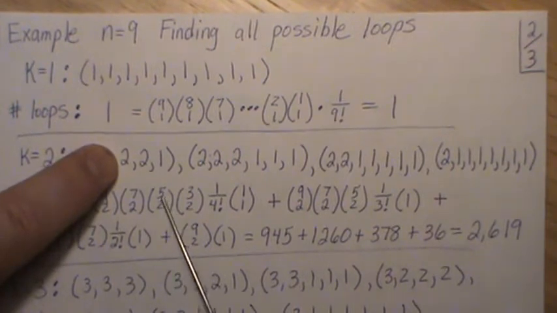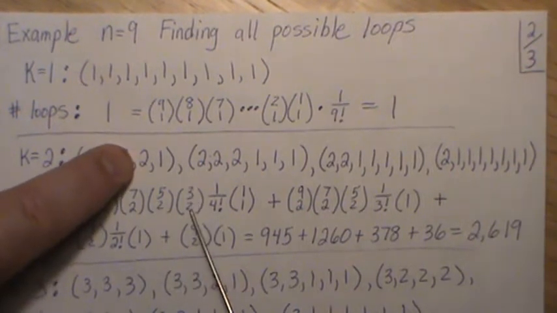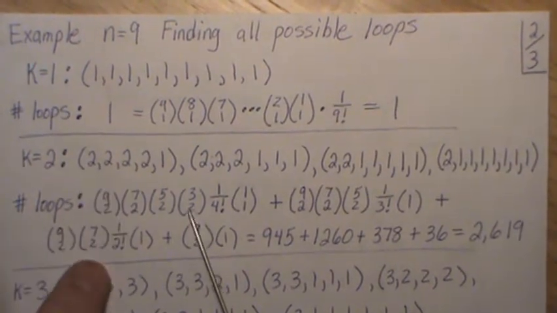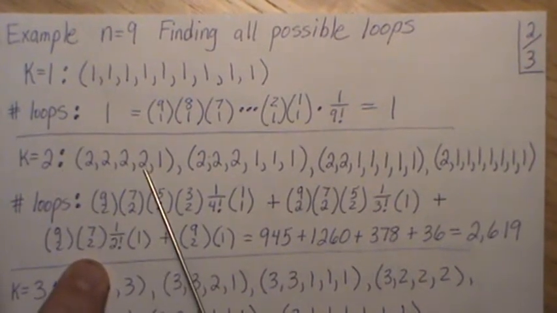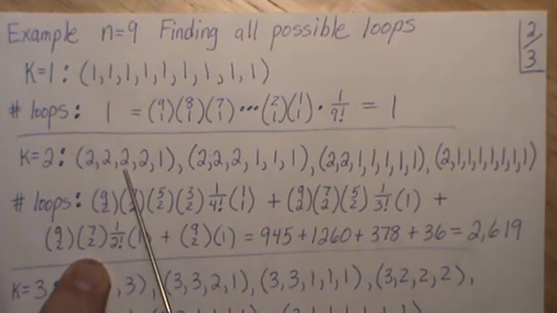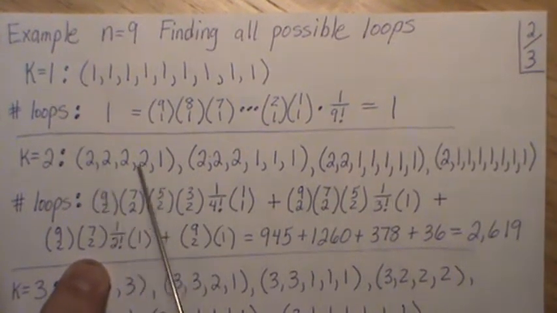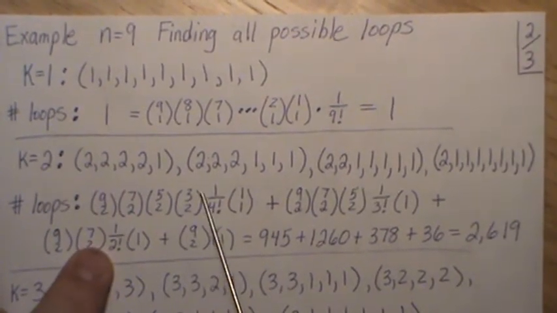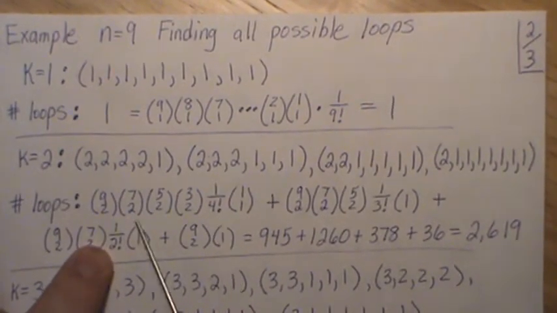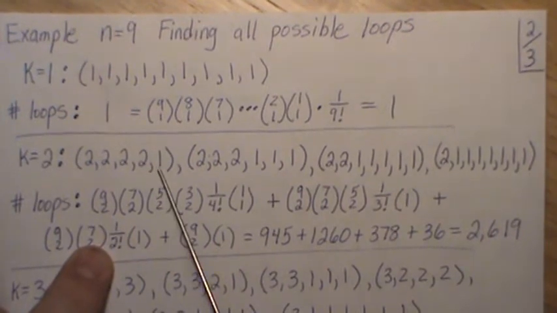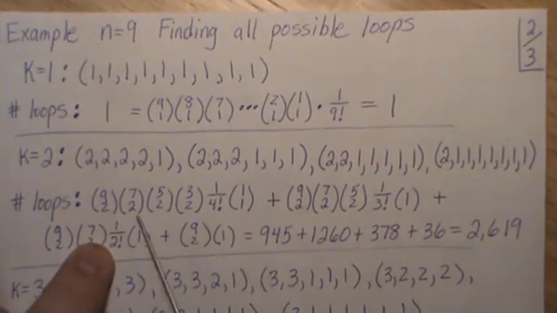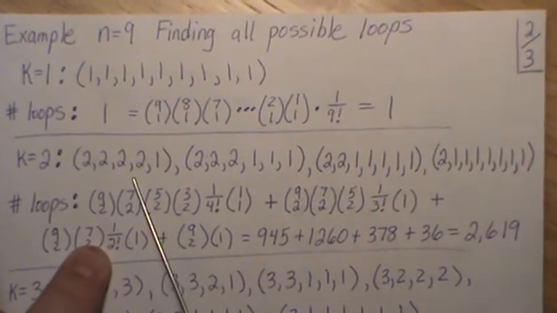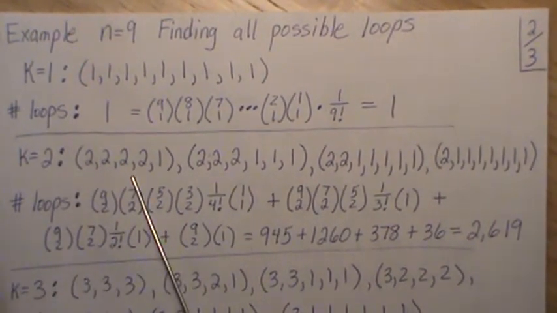Of the 5 boxes, we choose 2. Of the 3 boxes, we choose 2. Now, 1, 2, 3, 4, there's 4 2s in a row. But we could have chosen this 2, or this 2. The ordering is irrelevant. So we've actually added up too many. So we have to divide by 4 factorial. And then this one, there's 1 box, choose 1. Okay. This is the number of ways that we can have this type of loop scenario.